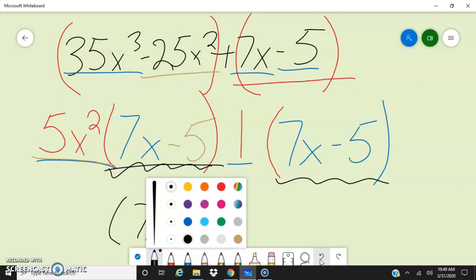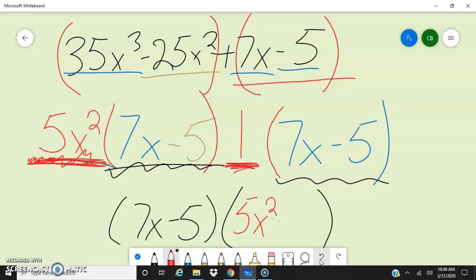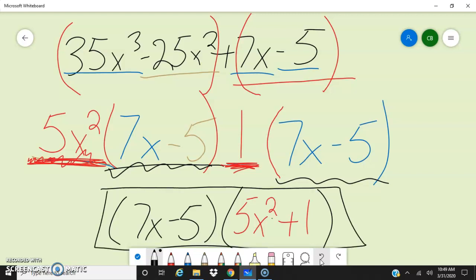Well, I know it's going to be a set of parentheses, and it's the first thing that we factored out here, so 5x squared. And my second one is going to be this 1 that we factored out here, so plus 1. And remember, you can always go back and FOIL our binomials to check, and it should equal what you originally started with up here.